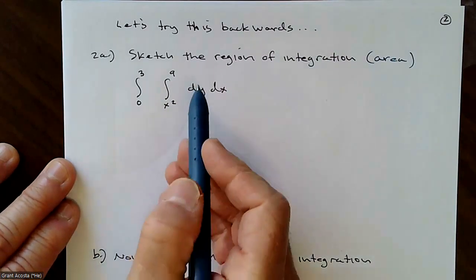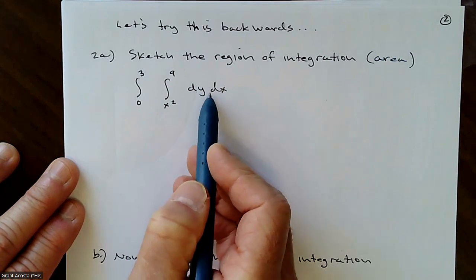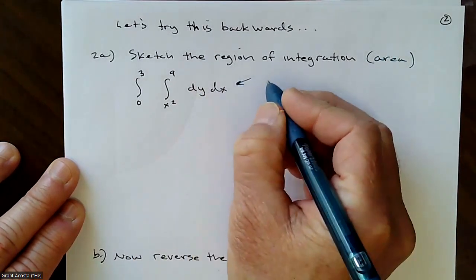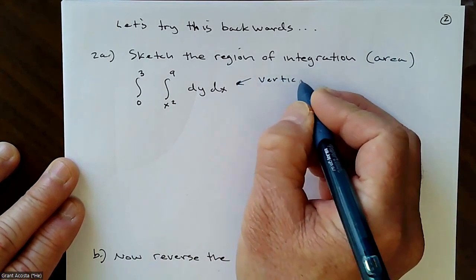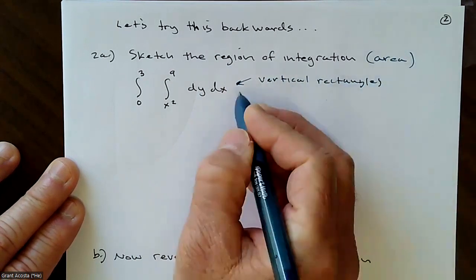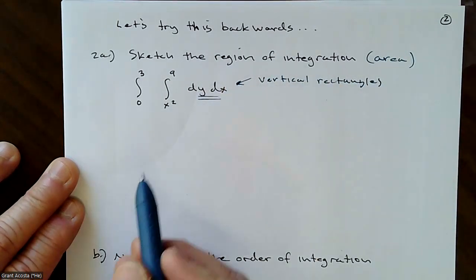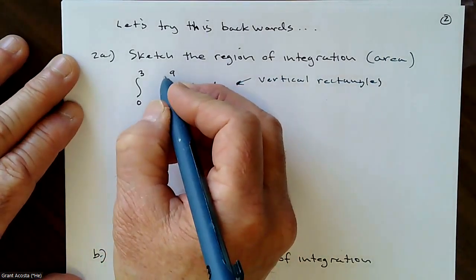The first thing I would notice is that this integral was written dy dx. So that tells me this region was described using vertical rectangles, and with vertical rectangles, it's always top minus bottom.